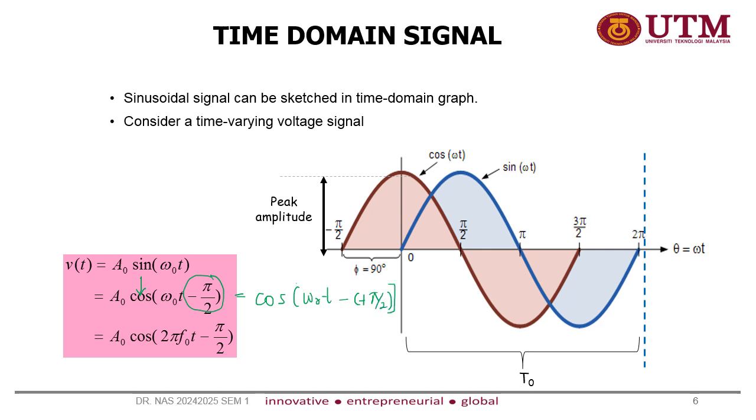So the signal is shifted to the right by pi over 2. In this graph, the sine signal is basically the cosine signal shifted to the right by 90 degrees.